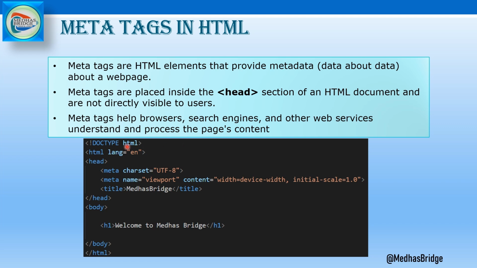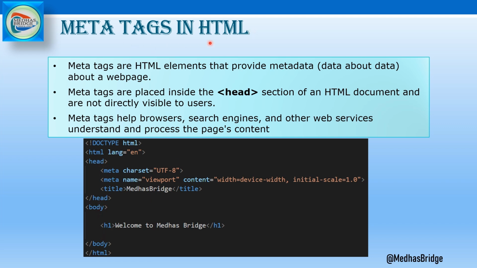For instance, you have a web page something like this. You know the doctype HTML, the first tag, helps the web browser understand what type of document it is and what standard of HTML the page uses, right? This is the root tag, the HTML tag, within which you have a head section and a body section.